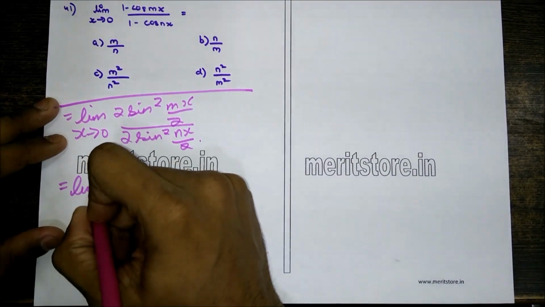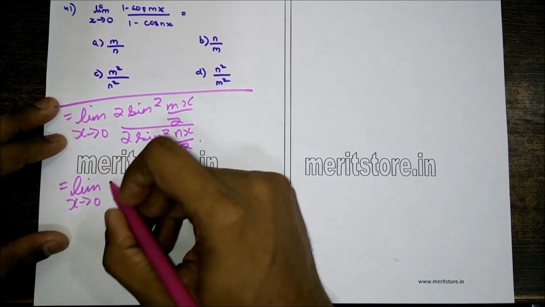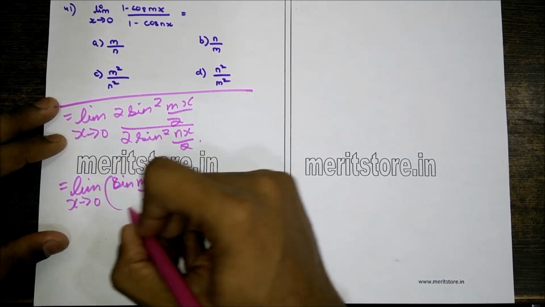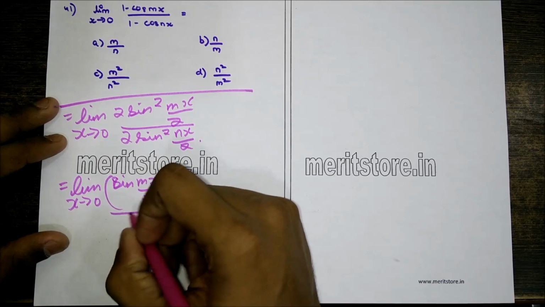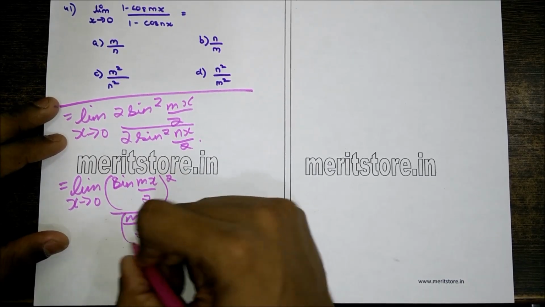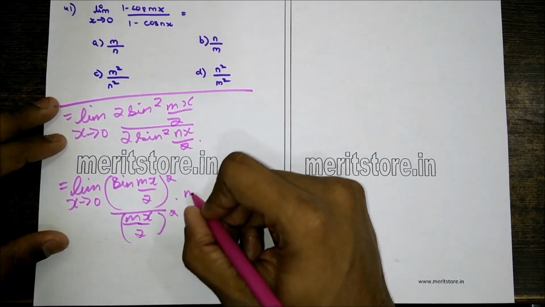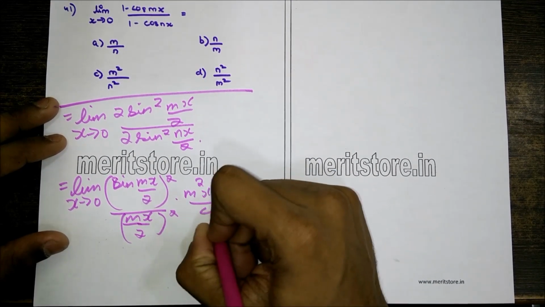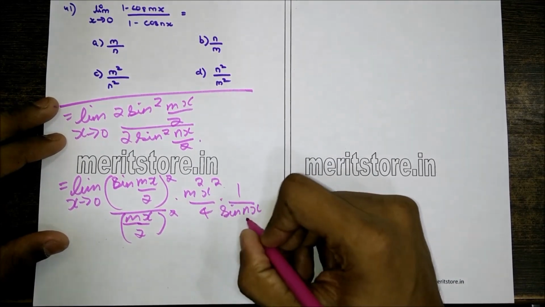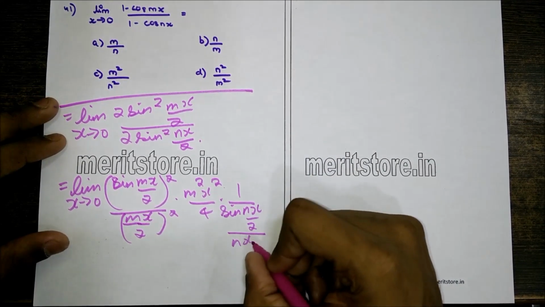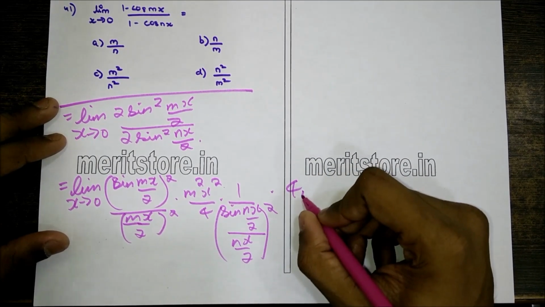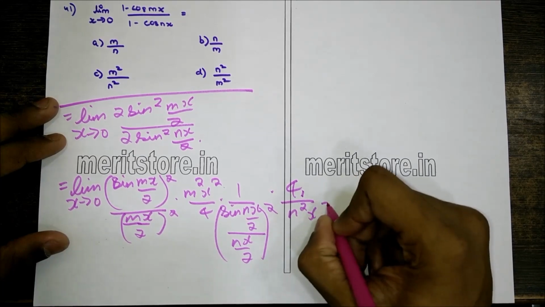We could write this as limit of x tends to 0 of (sine of mx by 2 upon mx by 2) the whole square into m square x square upon 4, into 1 by (sine of nx by 2 upon nx by 2) the whole square into 4 by n square x square.